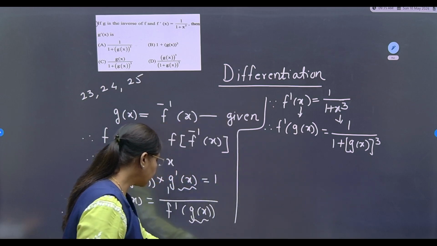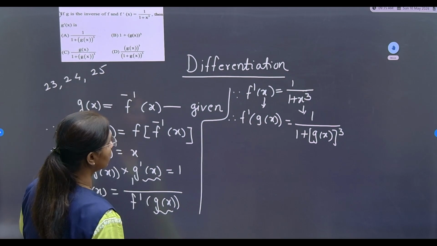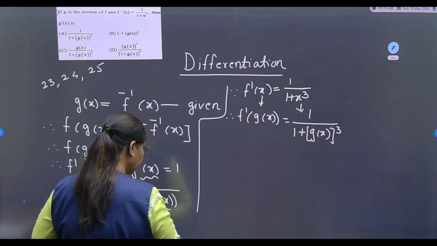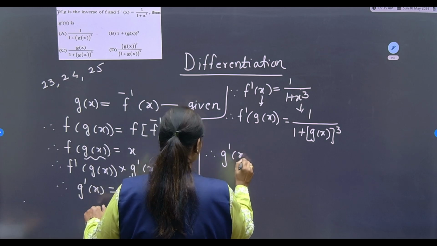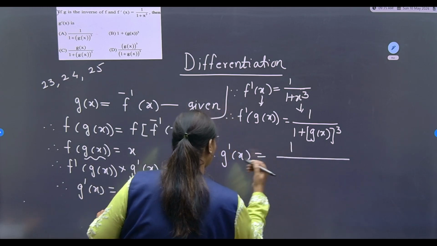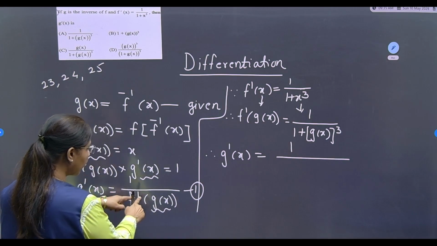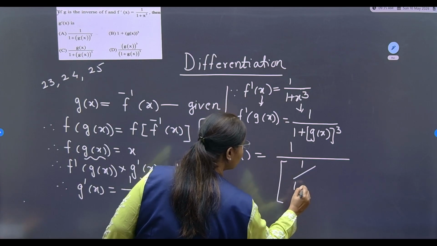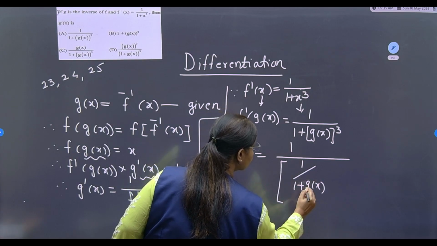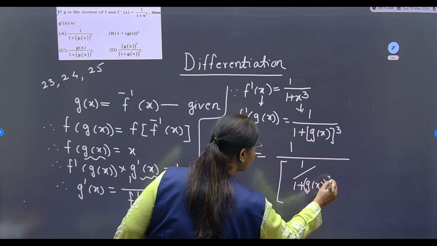Correct? Then using this value in equation number 1, therefore we get g dash of x is equal to 1 upon f dash of g of x, which is 1 upon 1 plus g of x whole bracket raised to 3.